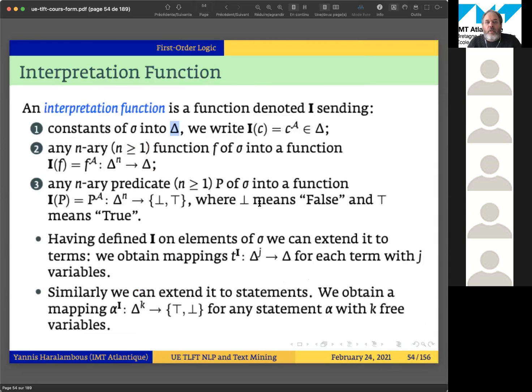And when a function sends something, it has a target. It has to have a target. If you say my function sends this constant to nothing, then it's not a function.